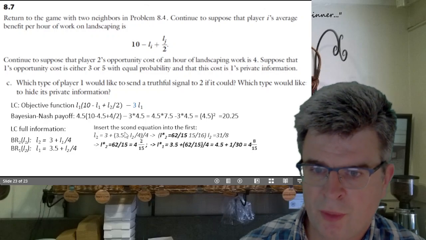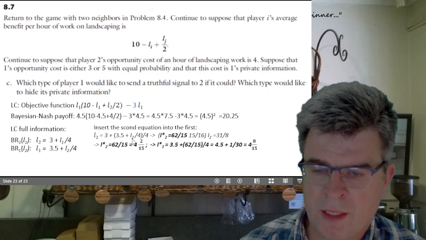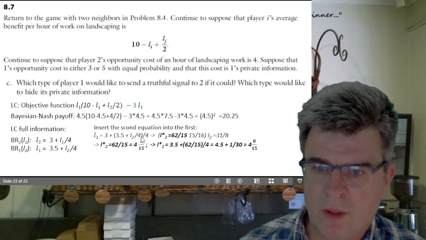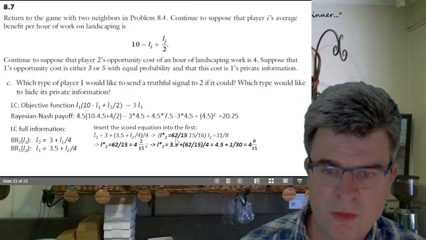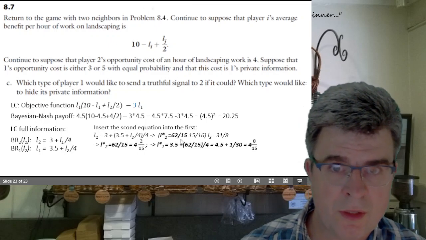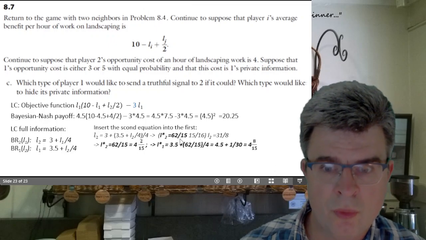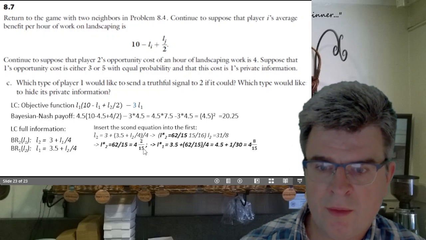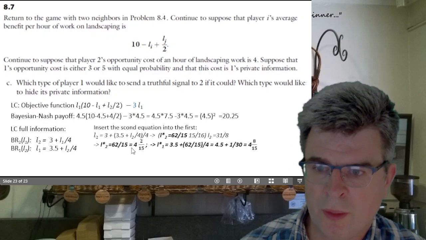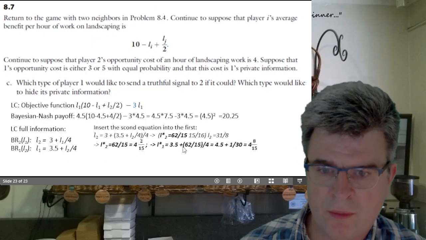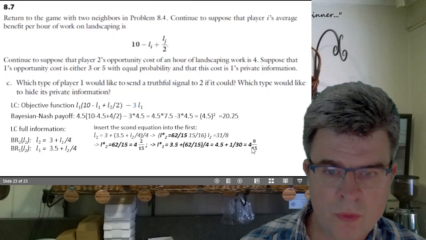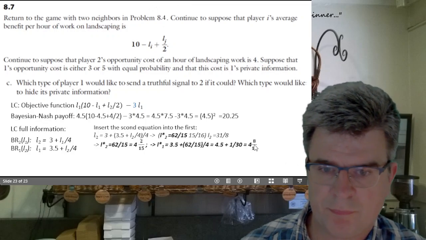And if you plug this in, then you can simplify. And you get that L2 is equal to 62 over 15, which is 4 and 2 over 15. And if you plug this number into the expression for L1, like the one over here, then you get that L1 is equal to 8 over 15.